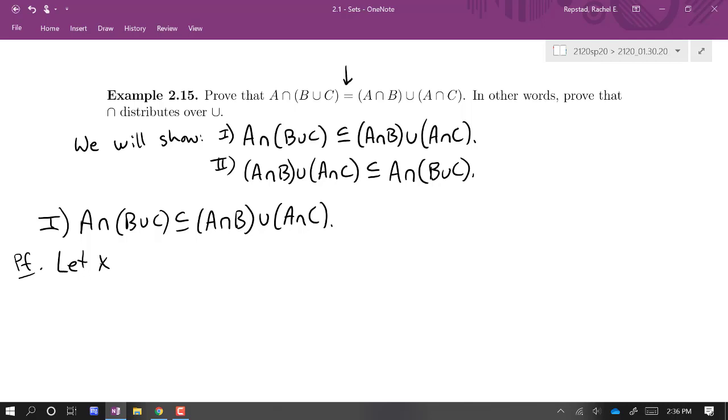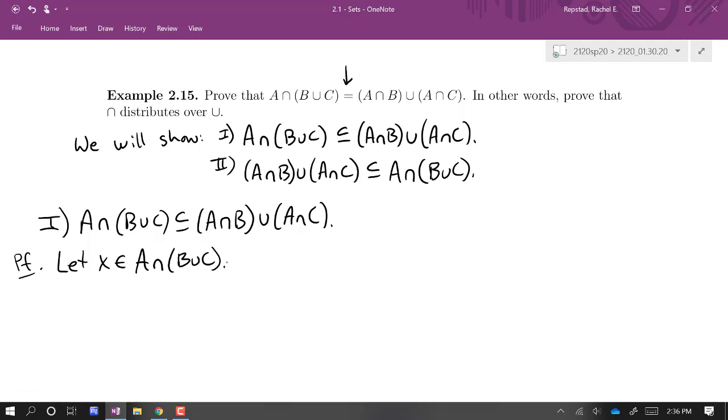So I'm going to grab an arbitrary element here. The only thing I'm assuming about X is that it's in there. And then we're going to make an argument and show that it's got to be in the set on the right, in this union. So let's let X be an element of A intersect B union C. And that's actually not a bad idea, to just state what we're going to do.